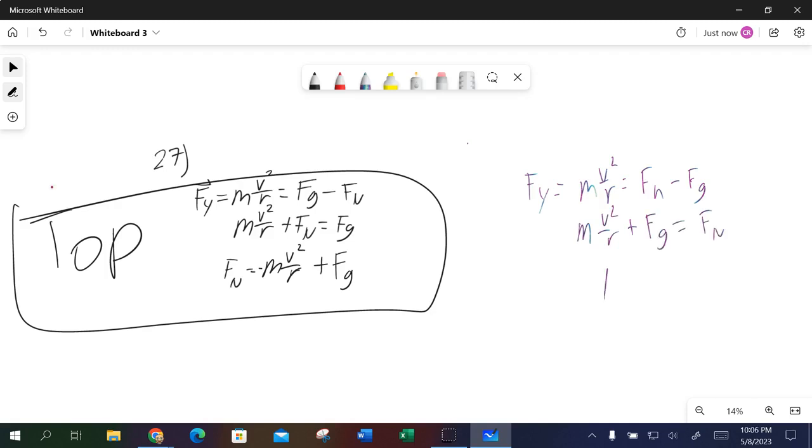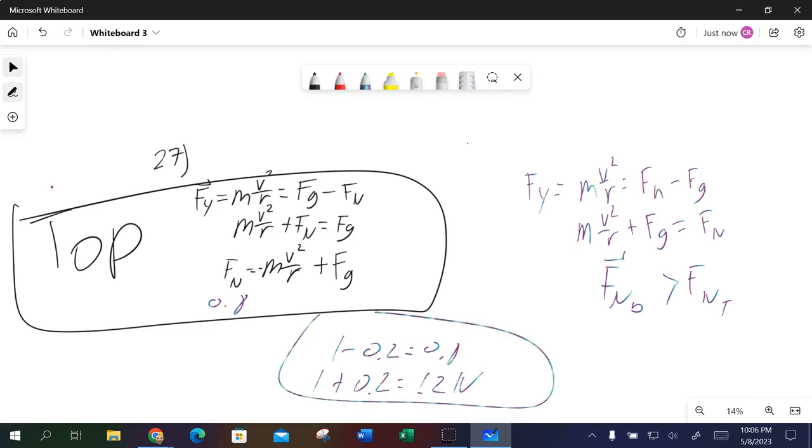So now we know our normal force at the bottom is greater than our normal force at the top. And now we just need to find how much bigger it is. Well, 1 minus 0.2 is equal to 0.8. This is 0.8 right here. So we can assume the same thing, 1 plus 0.2 is equal to 1.2. 1.2 newtons is our answer.